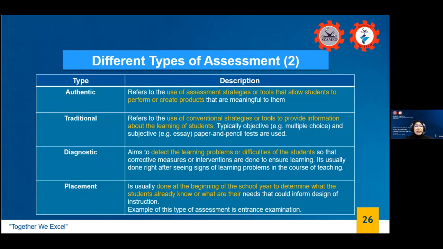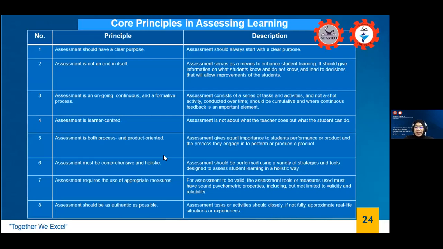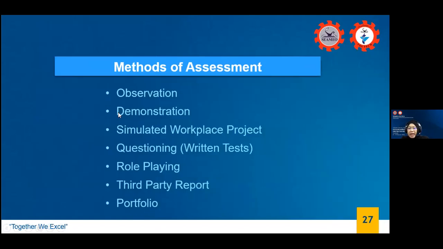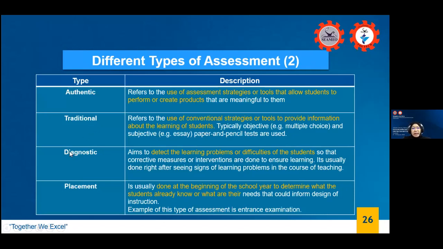It is not the teacher's task to do the diagnostic and the placement, but teachers can be involved in giving feedback. Our role, we can only come in the formative, in the summative, in the authentic, and in the traditional. The diagnostic and placement are done by a specific person who has specific training.